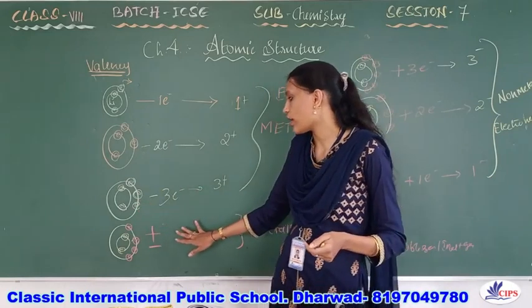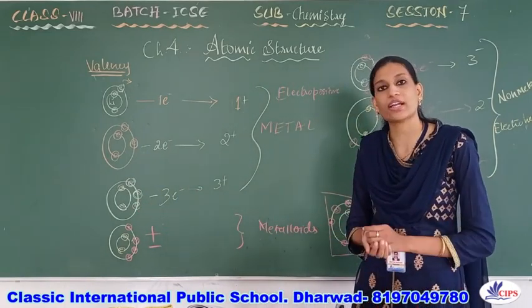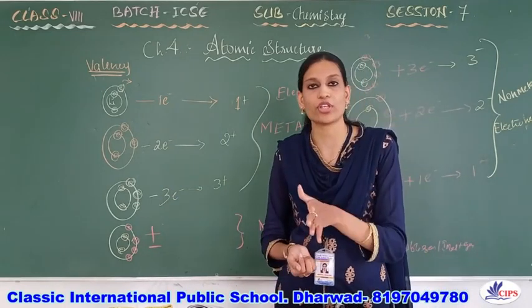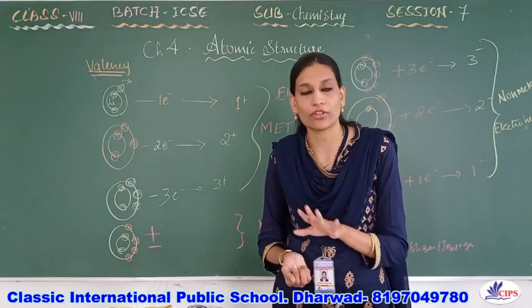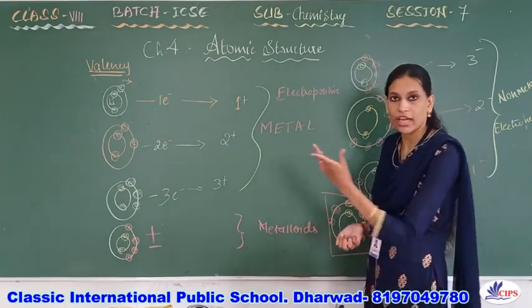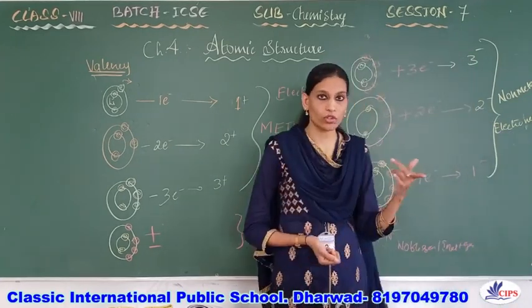Whereas those elements which share electrons, usually with four electrons in the outermost shell, L shell or M shell or N shell, we call metalloids. They have intermediate properties of both metals and non-metals.